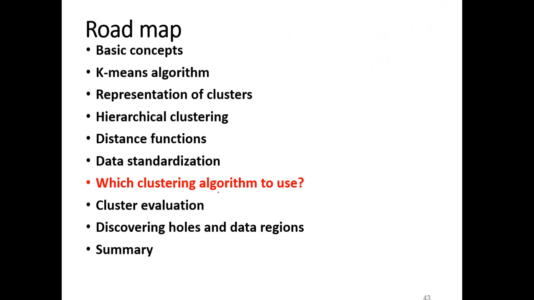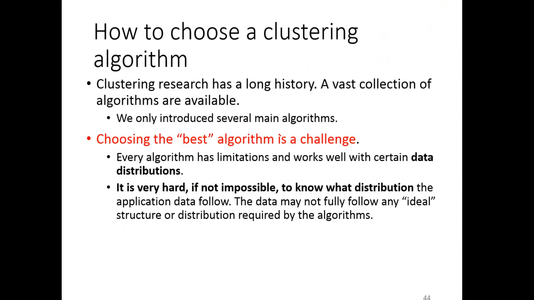The next thing we'll see is how we select which clustering algorithm is to be used. We studied a few of them, three of them in fact. How do we select which one works best for a given data set? Well, it's very difficult, frankly. Unlike supervised learning, where you can validate algorithms and find out which one works better.